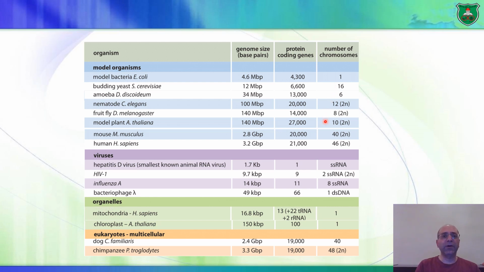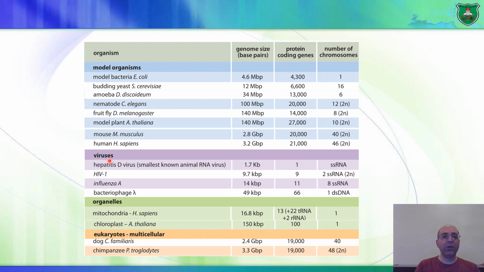Number of genes, about 14,000. Now, if you compare the mouse genome with the human genome, overall they have similar numbers. Chimp and dog genomes are also very close to human numbers.